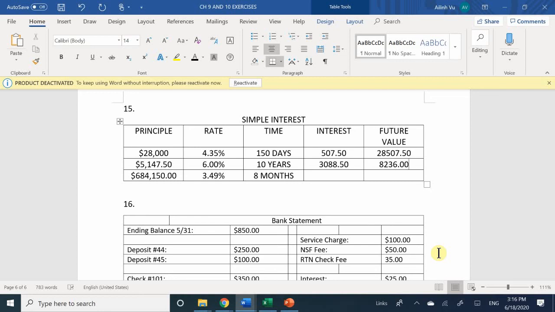Andrew, one thing that helps me is to write the problem up top, like your equations. Principal times your rate times your time. It will give you interest. And that's one formula. And then the other formula is the interest plus the principal. It will give you the future value. That's another formula. Interest plus the principal, and yes, that's future value. So I would take the principal times the rate times the month divided by 12.